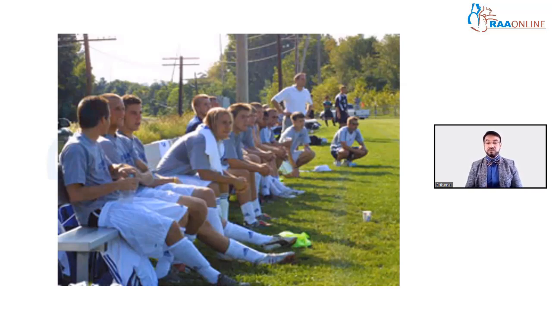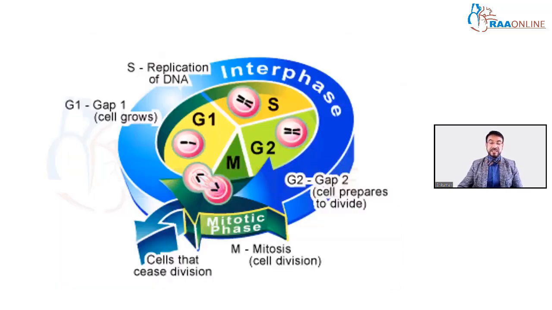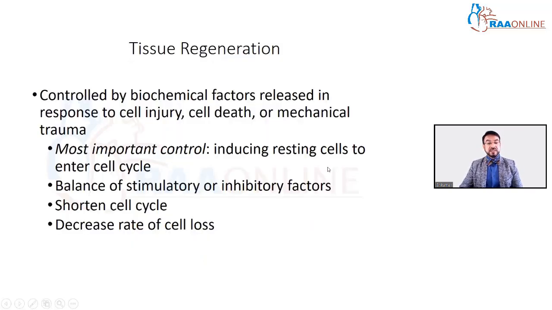And he tries to shoot the goal. The same thing, these are the reserve cells or the substitute cells. They sit outside on the bench. And these resting cells come into the cell cycle when proliferation is needed. When an injury occurs, the cells have to proliferate. These reserve cells or resting cells enter the cell cycle.